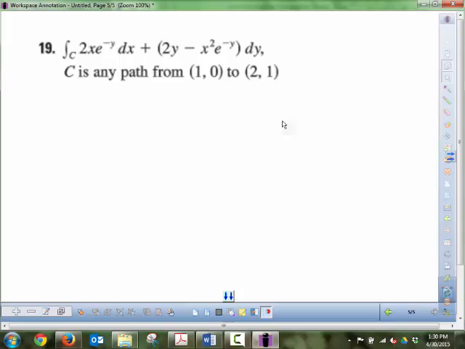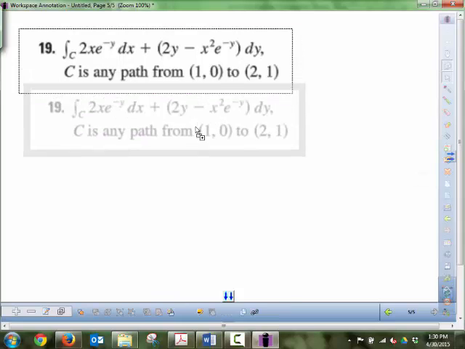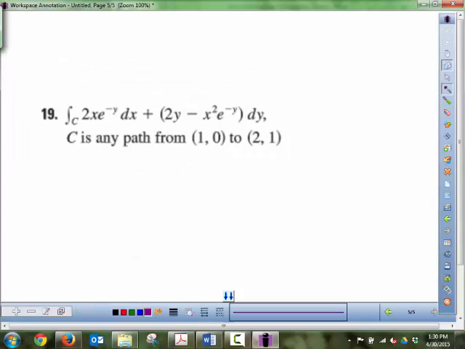I also talked about how the line integral looks. So let me see this problem with this line integral notation.